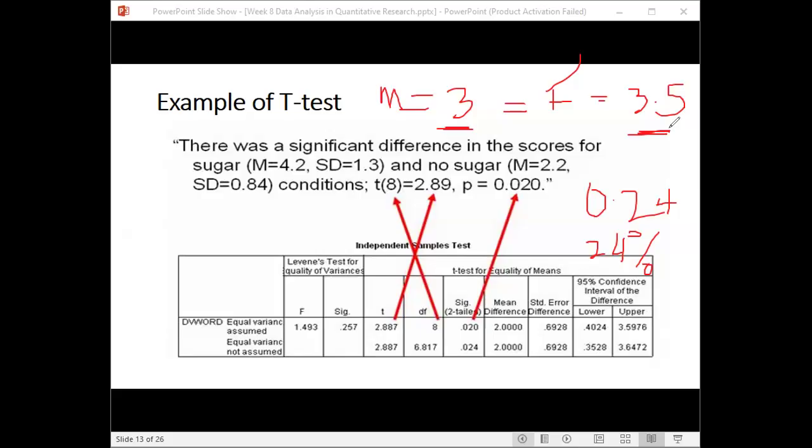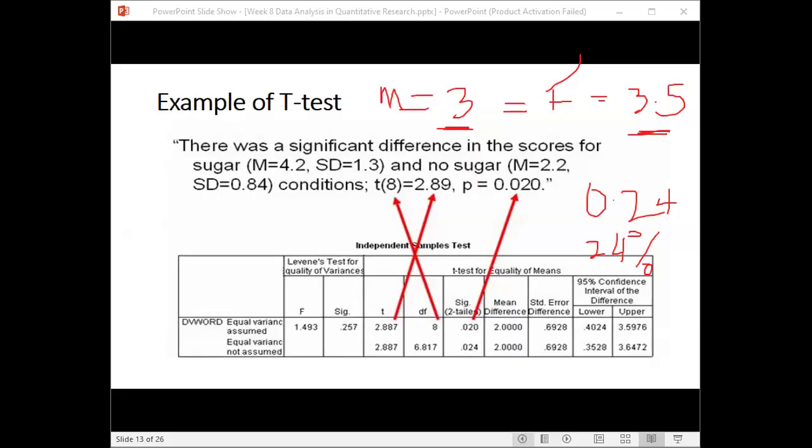But the bottom line is what I've given you. We always compare the p-values against the significance levels, 1%, 5%, and 10%. And the rule stays the same every time.